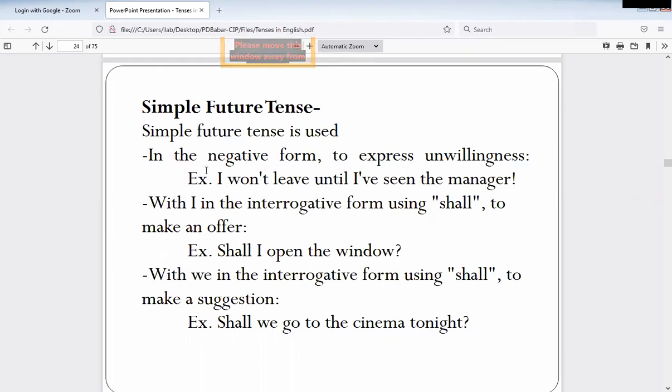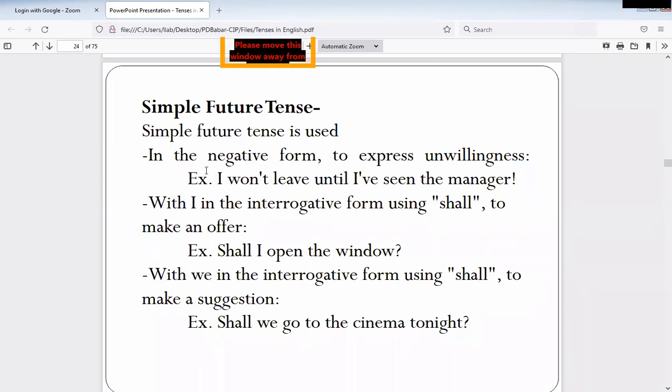Another condition is what? With I in the interrogative form using shall to make an offer.